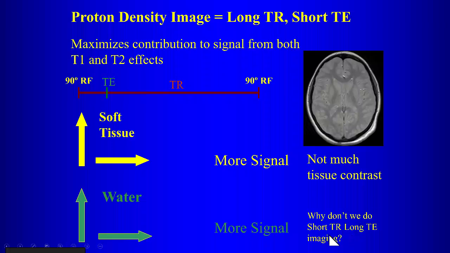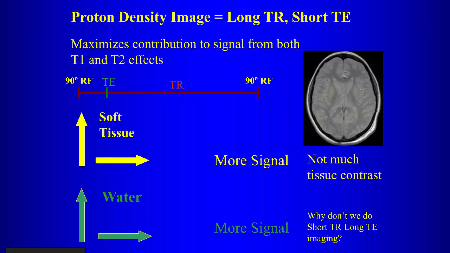Why don't we do short TR, long TE imaging? What's going to happen with short TR, long TE imaging? Low signal from everything. Yeah, it's going to be low signal overall, okay? Because with that short TR, long TE imaging, that long TE is going to allow for lots of dephasing in your signal.